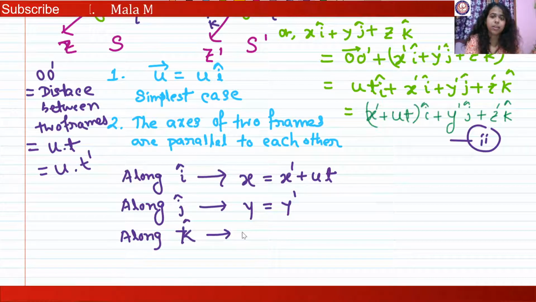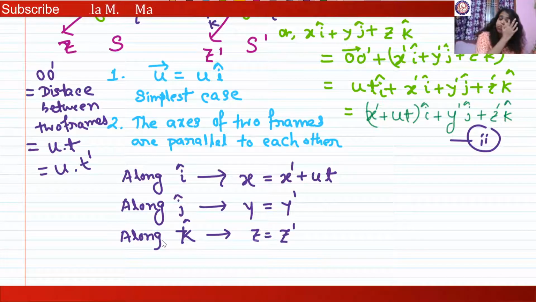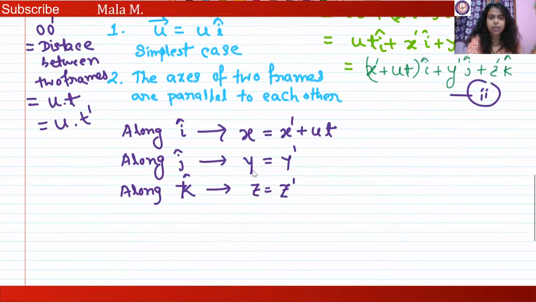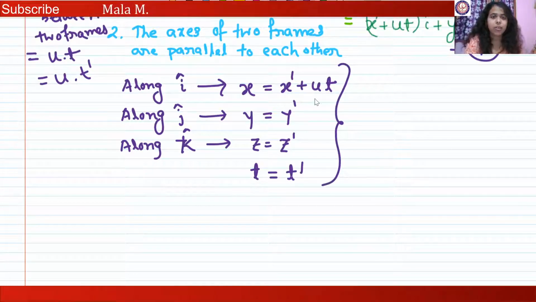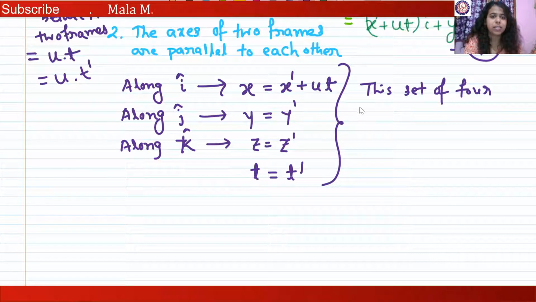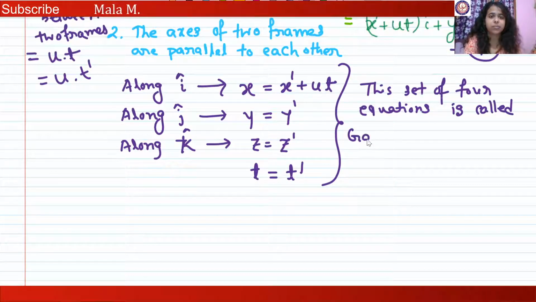Along k cap, z is equal to z prime. And previously, you already know that t is equal to t prime. Now, this set of four equations is called the Galilean transformation.